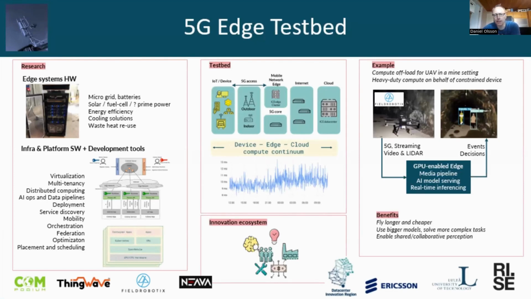This means that the traffic originating from within the 5G network goes out directly or locally. And at that exit point, we have deployed an edge node. It's a cluster of servers, which we provide access to companies and researchers and others that want to experiment with 5G and edge.